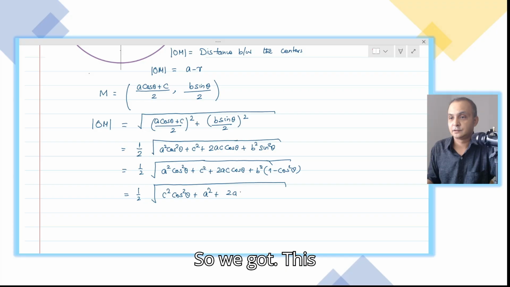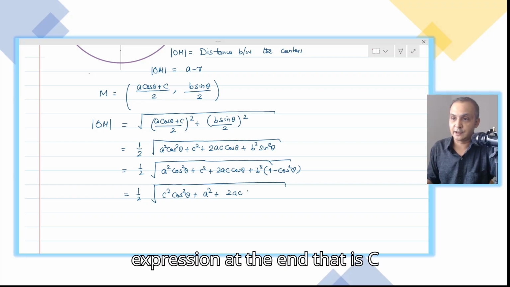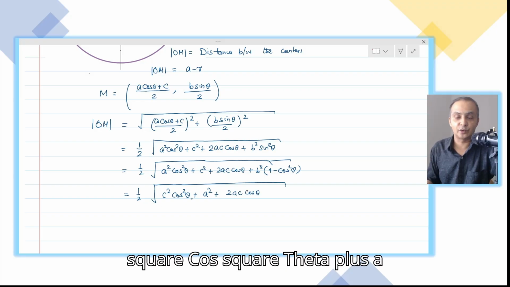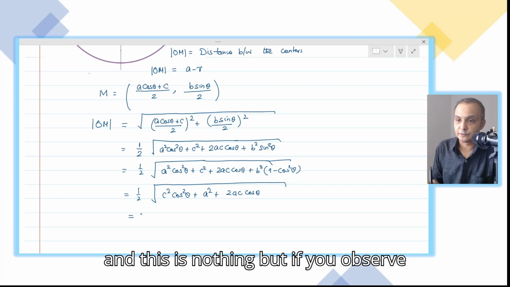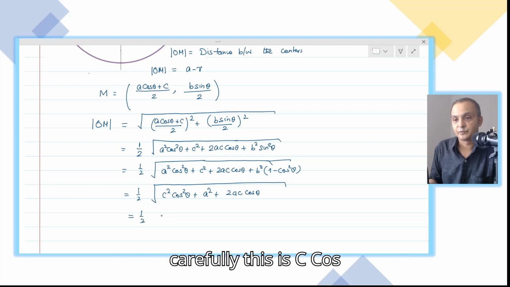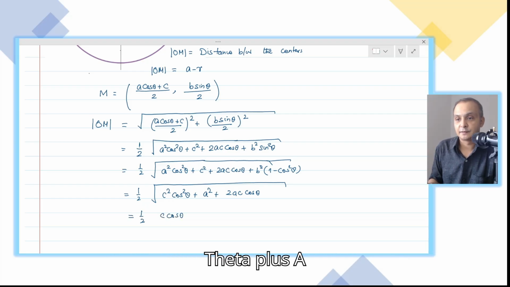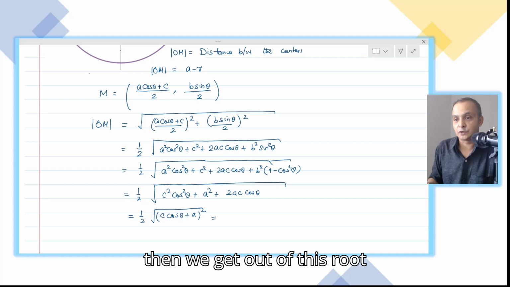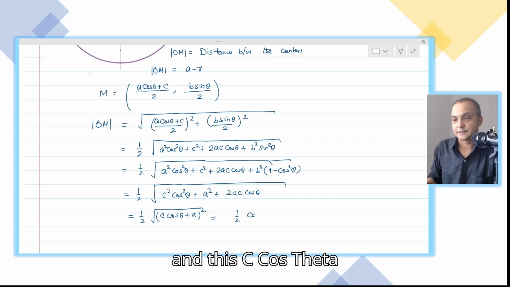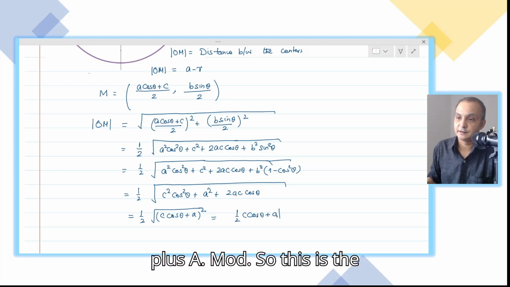So we got this expression at the end, that is C square cos square theta plus A square plus 2AC cosine theta. And this is nothing but, if you observe carefully, (C cos theta plus A) the whole squared, and when we take the root, we get C cos theta plus A in modulus.